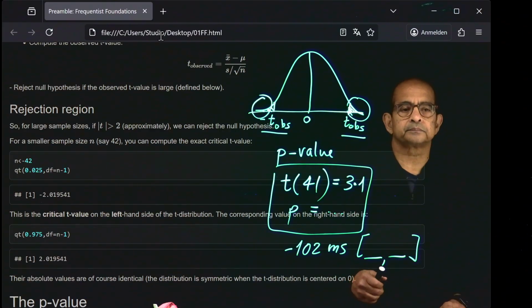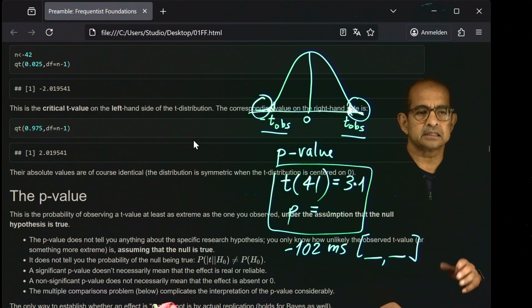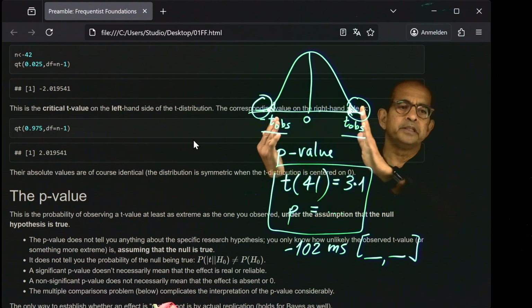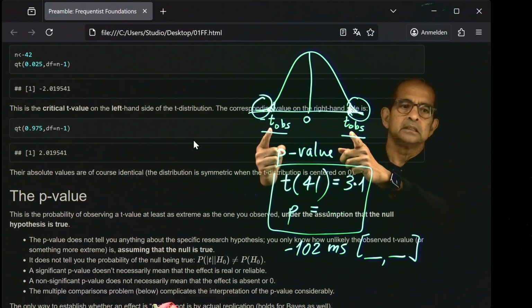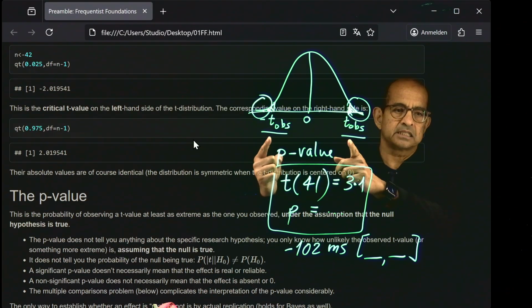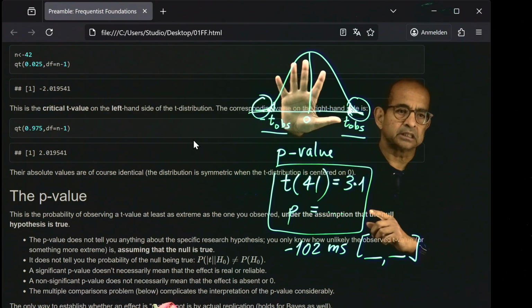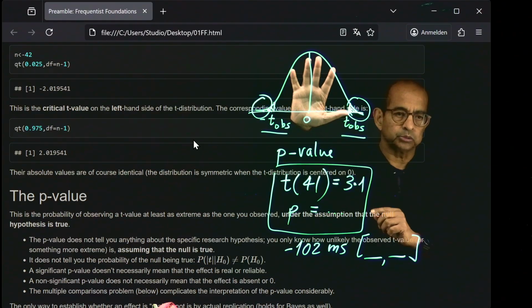So that's the information that one would be reporting. And the important thing to remember about the p-value is what it does and does not tell you, right? So the p-value is telling you the probability of observing an observed t-value as extreme as this one or something more extreme under the assumption that the null is actually true, right?